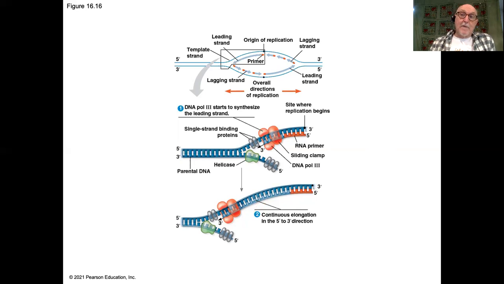This strand here, because we're laying down new strand in the same direction as we are opening, we call the leading strand. And on the leading strand, you just have to lay down 1 primer, and then you can carry on for a very, very long time before you need to start again. Remember, this is DNA polymerase 3.